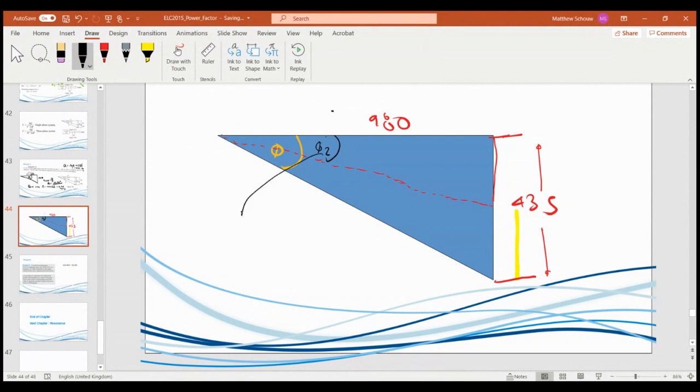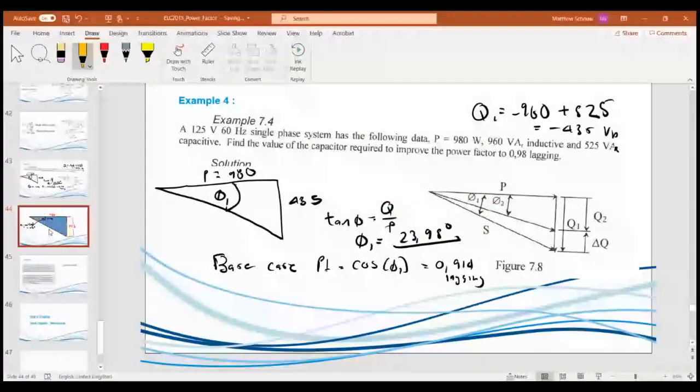So phi 2 will obviously be this, and then you get an angle of 11.478 degrees. So this is 11.478, and this guy was at an angle of 23.98.